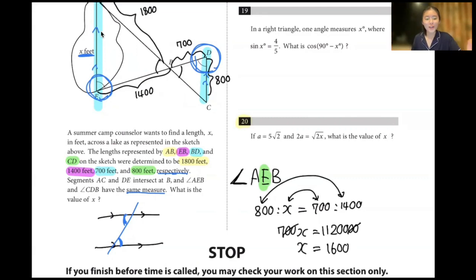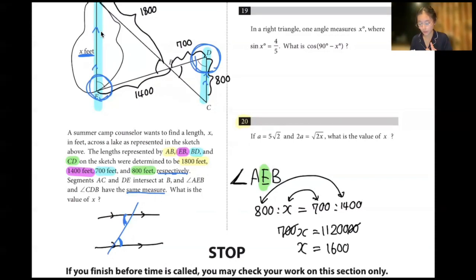Wow, that was a very long explanation, but to recap, first you need to sort out the things you know. So you know the lengths, so you need to label them first in order to get the bigger picture.